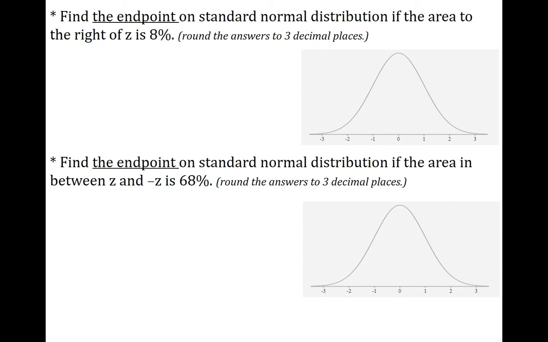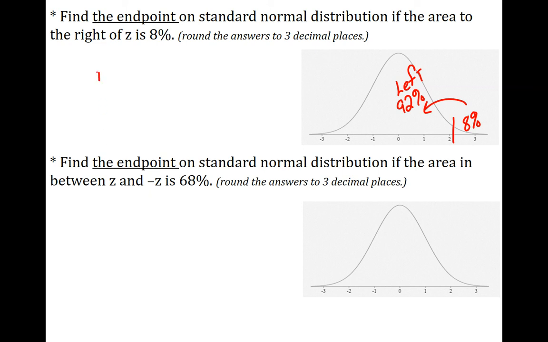So if this is 8% here, I'm looking for some number right of z that's only worth 8%. Well, that means that the stuff over here on the other side is worth 92%. So if we're talking left area only, then my calculation is going to be based on 92% instead of 8% because my calculator likes left area.